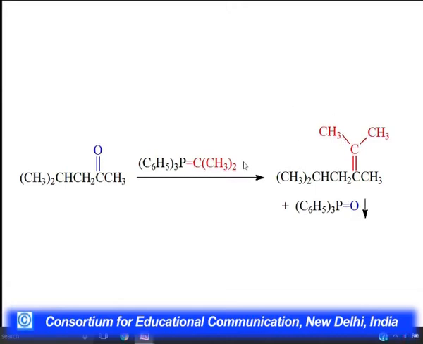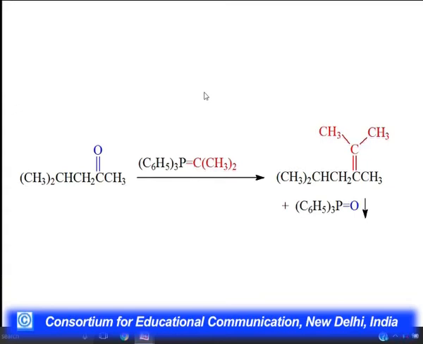The second thing we have to remember is that the groups shown in red color are the alkyl groups coming from the phosphorus ylide, whereas the carbons shown in black are the ones coming from the carbonyl compound.